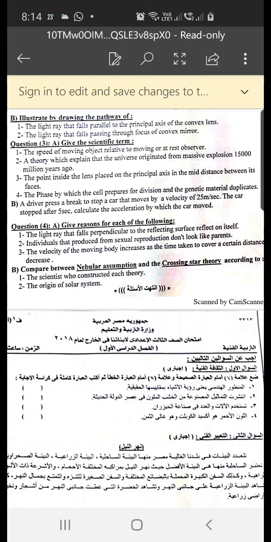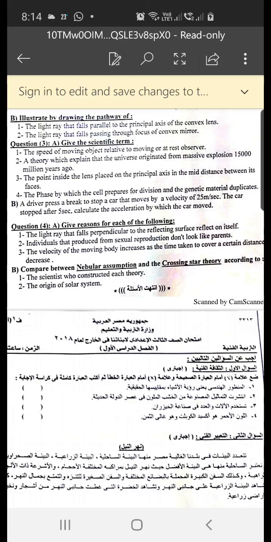Number 2, individuals produced from sexual reproduction don't look like parents. We have many reasons. Reason number 1, because new individuals come from two sources, the male gamete and the female gamete. So they have some genes from the male gamete, the sperm, and some properties from the female gamete.